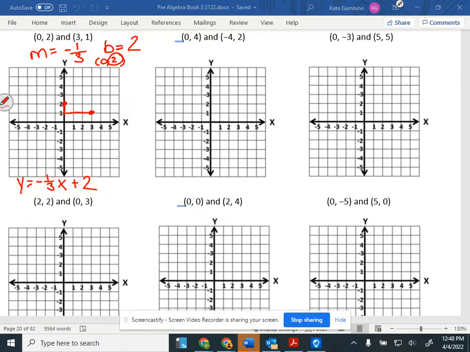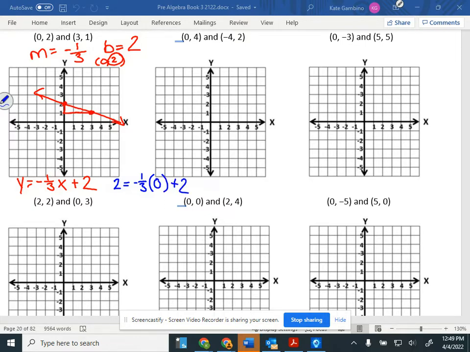So here's our line, right? I'm going to take an ordered pair, and I'm going to plug it in and see if it equals each other. So I'll do the 0 and the 2. So y is 2 equals negative 1/3 times 0 plus 2.